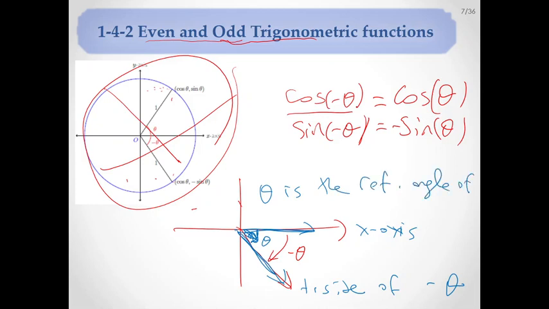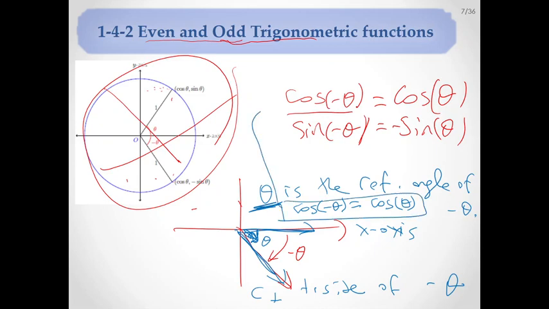of minus theta. So then you can write here cosine minus theta is equal to, here cosine is positive, LSTC. So we will say cosine minus theta is equal to cosine theta, because the reference angle of minus theta is theta. In the same way you can get this one because sine is negative there.